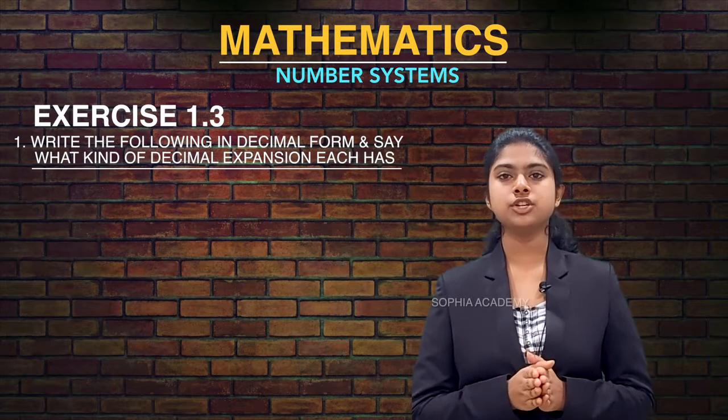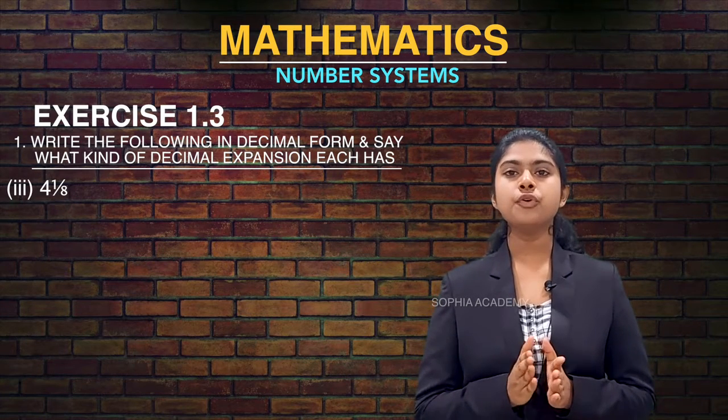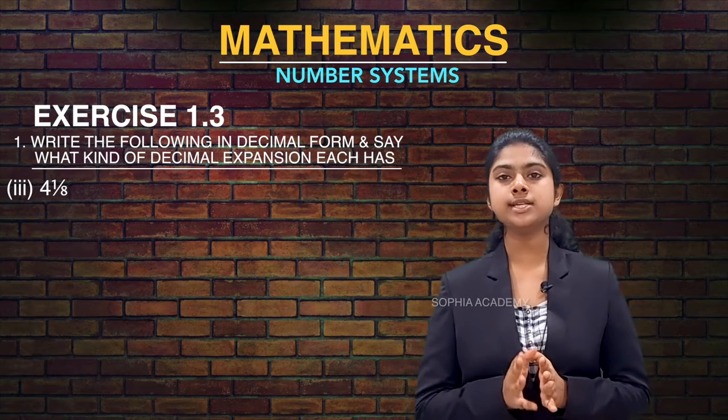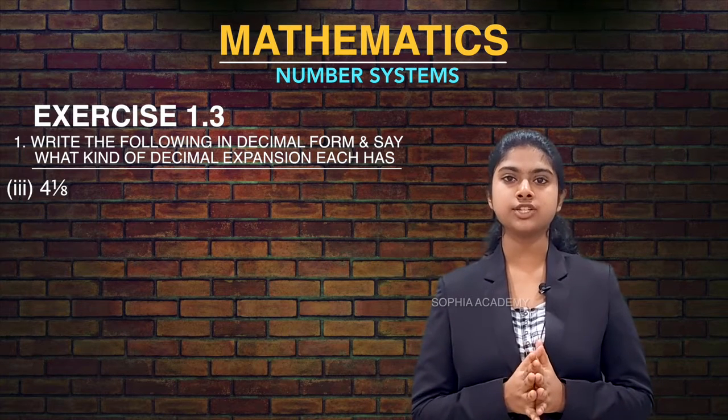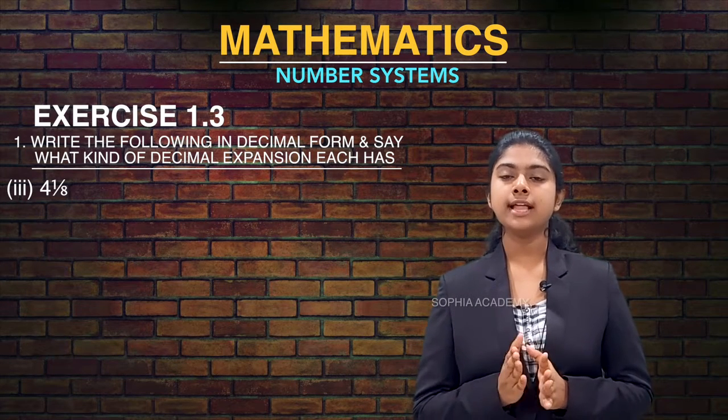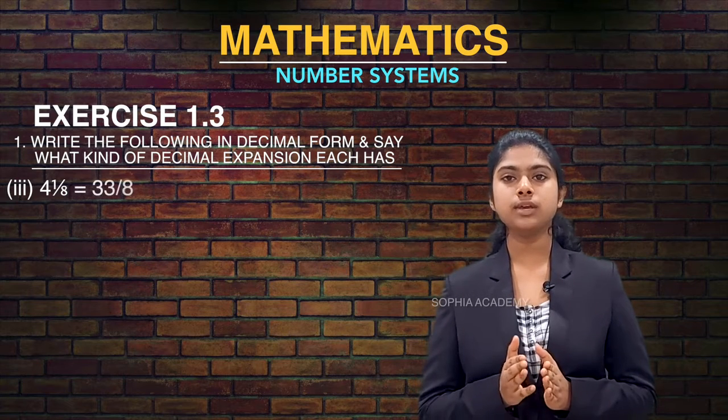So, the third subdivision of the first question is 4 1 by 8. This question is written in the form of a mixed fraction, 4 1 by 8, and this can also be written as 33 by 8.